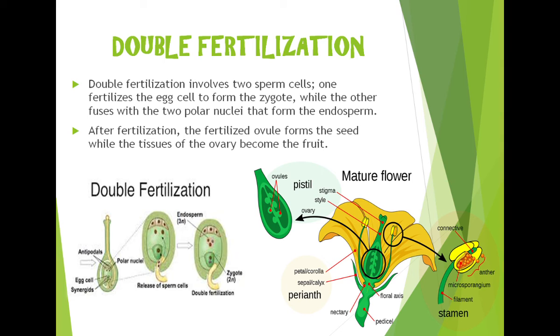So the whole process needs nutrition and this nutrition is provided during germination, before germination, by the endosperm tissues. So after fertilization, the fertilized ovule forms the seed, while the tissues of the ovary become the fruit. ठीक है. So this ovule forms the seed, and this ovary forms the fruit.